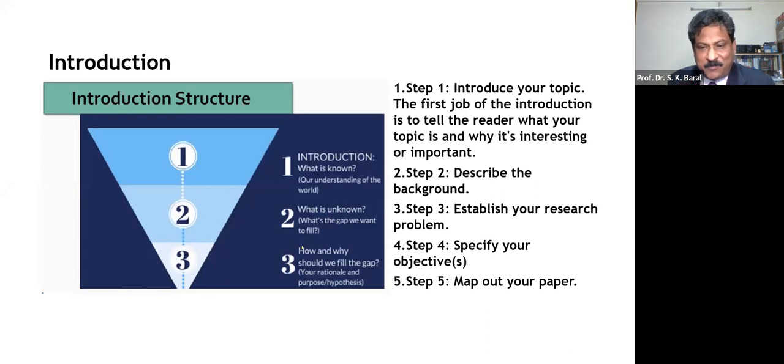And the fourth step is you have to specify for what purposes you have written this. By writing all those things, you can have a chance to map out your paper with the help of filling the gap. So you have to write down all those things.